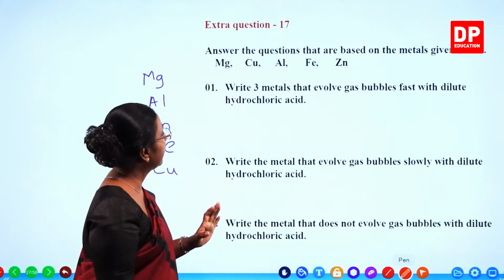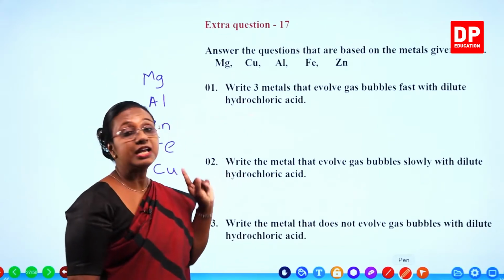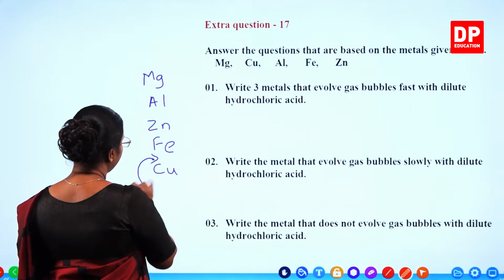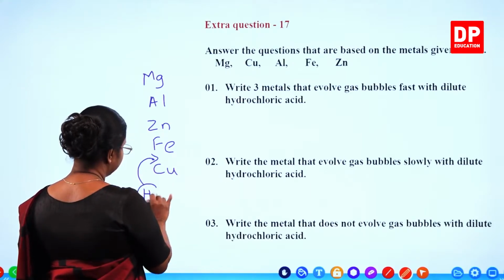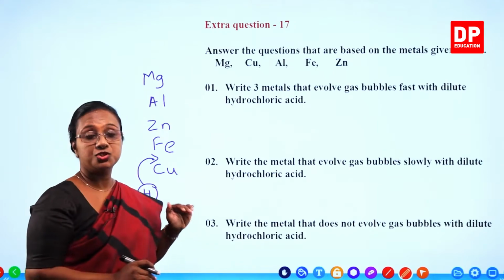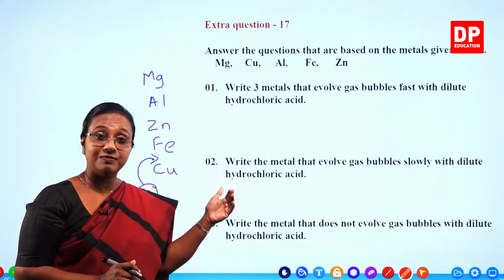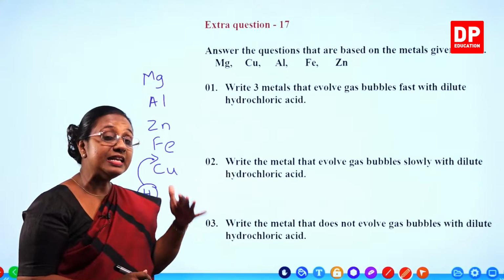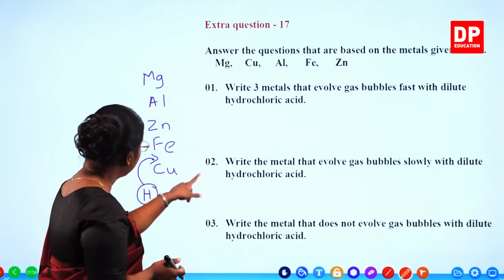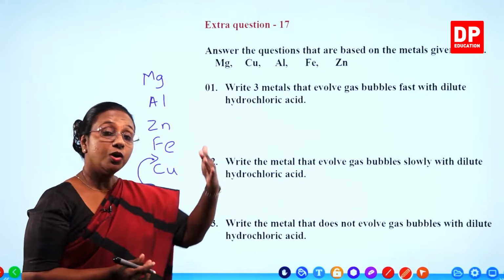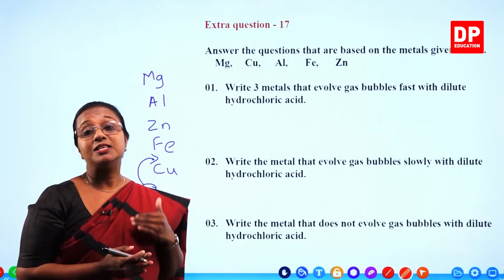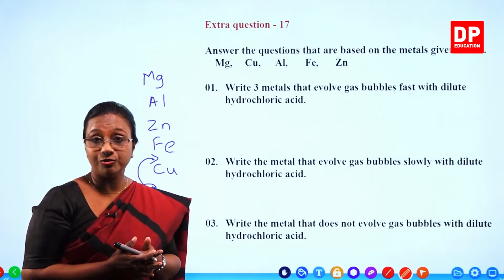So if you take the metal and hydrochloric acid, you can remember before copper there is hydrogen. All these metals are above hydrogen, so they are more reactive than hydrogen. They can displace hydrogen from the acid solution. But copper is below hydrogen, so that cannot displace hydrogen from hydrochloric acid.